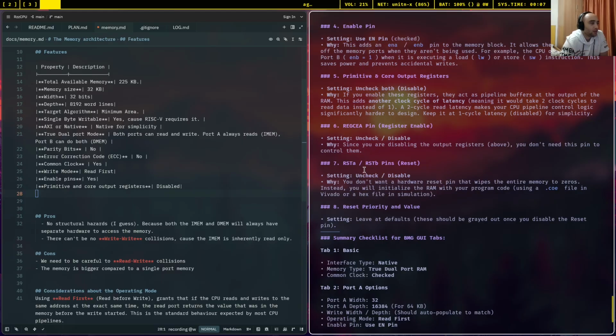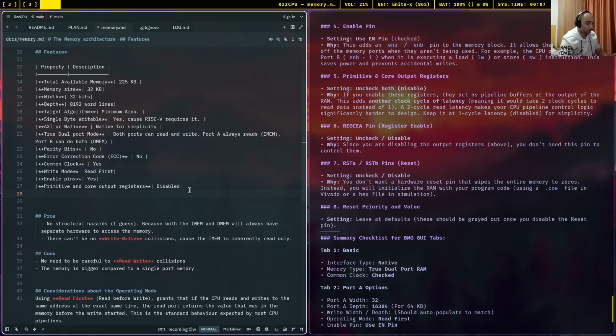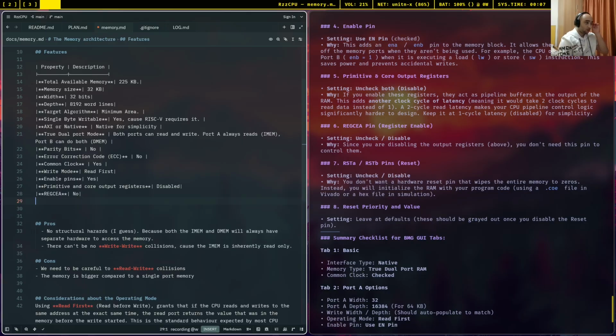Okay, I will see that later, but anyway, so we're not selecting the register CEA. No. Then reset asynchronous?